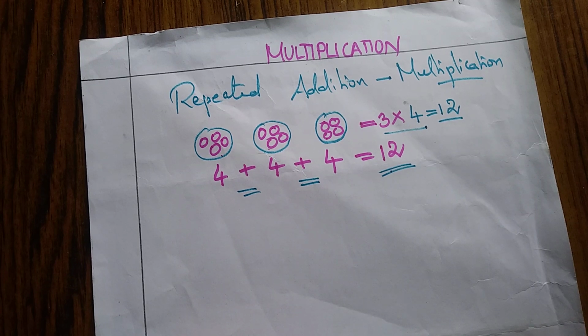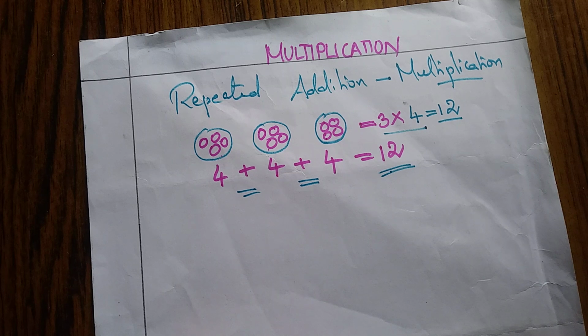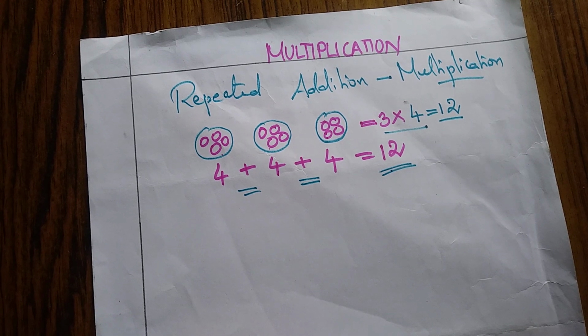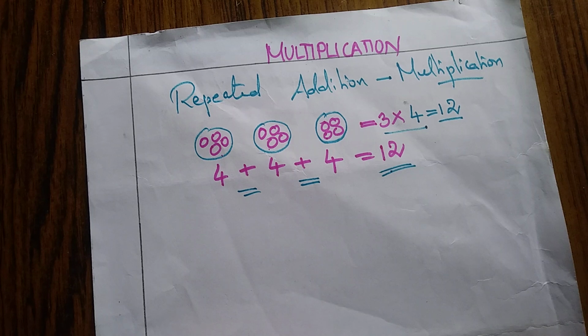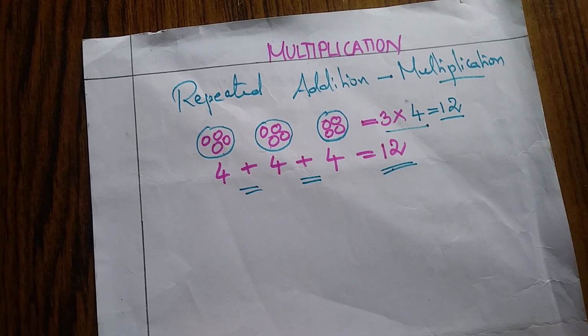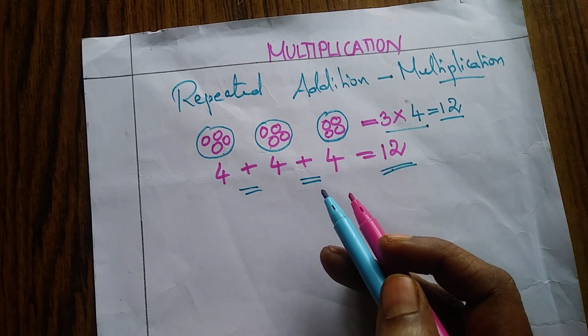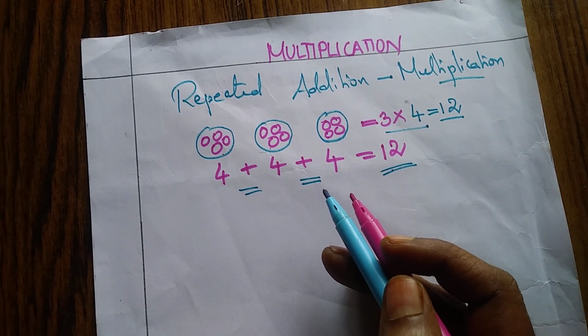They will teach you the 2 table, 3, 4, 5, 6, 7, 8, 9, 10, 11, 12. Till 12 tables, all the students must be fluent. You should be ready to recite the tables without any stammering or thinking. Only that will help you solve multiplication as soon as possible compared to other children.